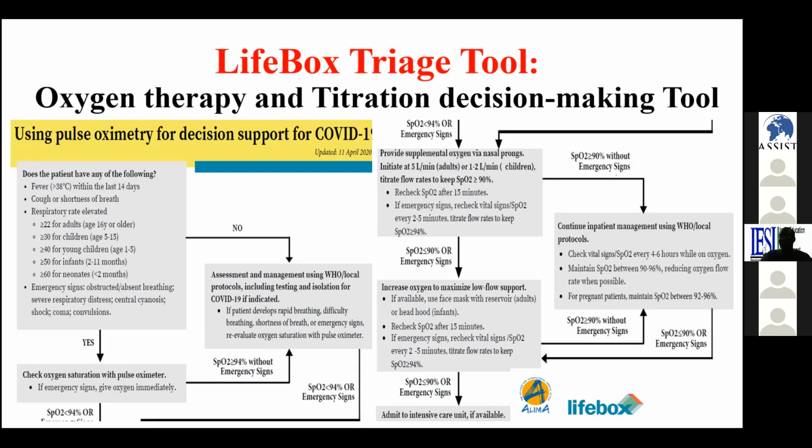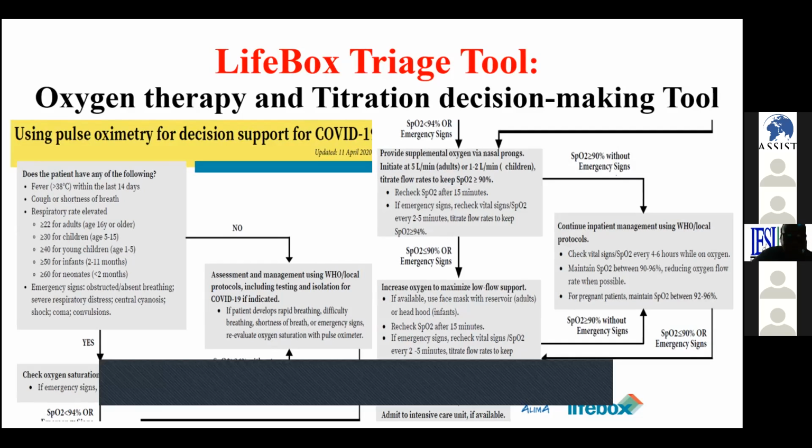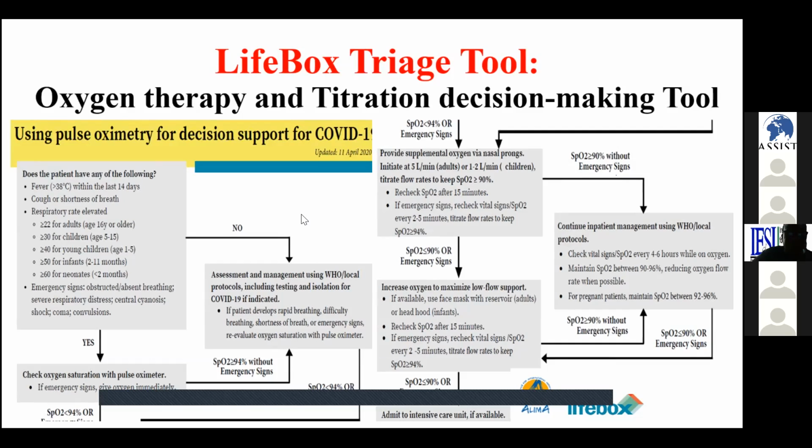First of all, before using this tool, you have to ask your patient if he or she has the following symptoms: fever, cough, respiratory distress, or increased respiratory rate, depending on the age group. We have adult, children, and others.